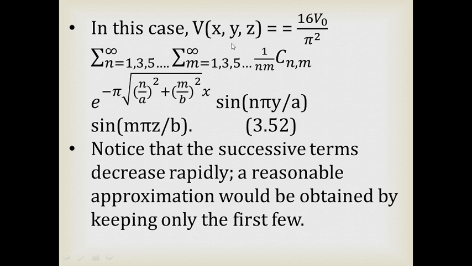We can write V as a function of x y z equal to 16 v0 upon pi square, double sum, n varying from 1, 3, 5, etc., that means odd, to infinity, m also changing from 1, 3, 5 to infinity, that is also odd, of 1 upon n m, e raised to minus pi under root n upon a whole square plus m upon b whole square into x, sine n pi y upon a, sine m pi z upon b. This is equation 3.50, which is our specific solution to our given problem.